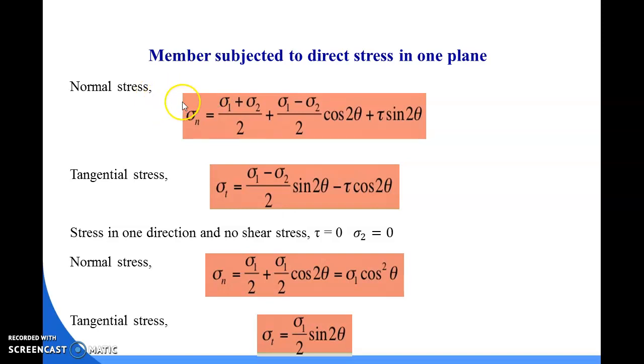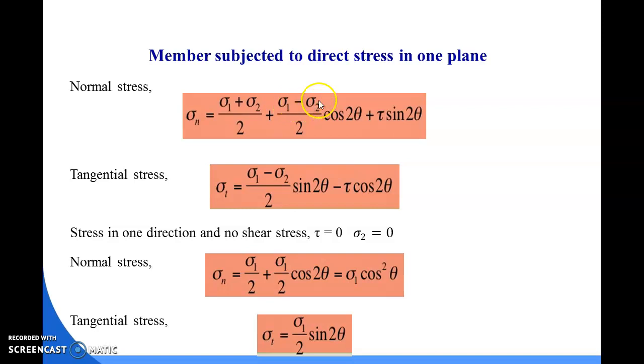Again we take the formula of the complex stress 2D system and put the values of sigma 1, sigma 2 and tau. If we put sigma 2 as 0 and tau as 0, we get sigma 1 by 2, because sigma 2 is not available, so it is 0.